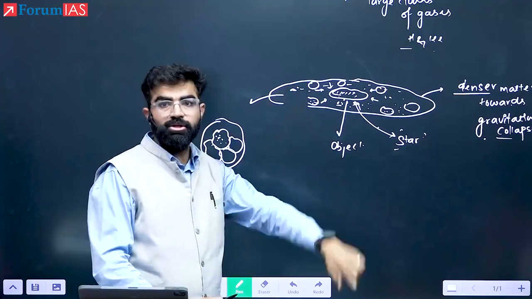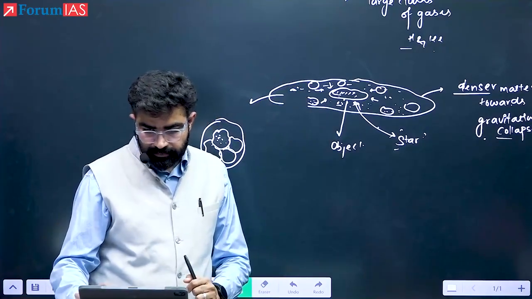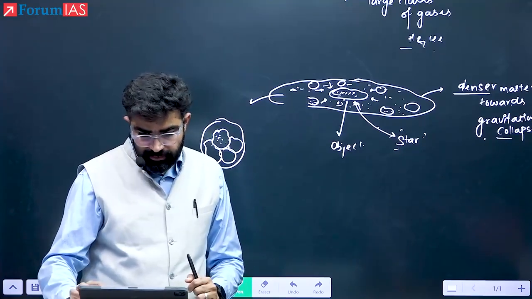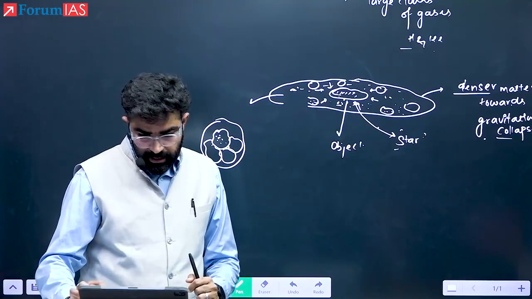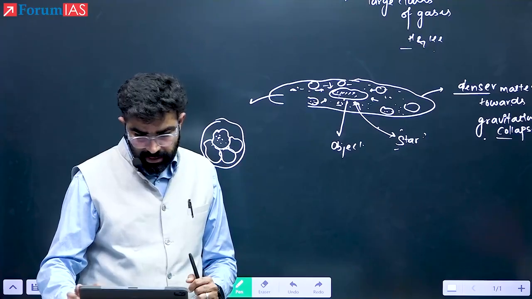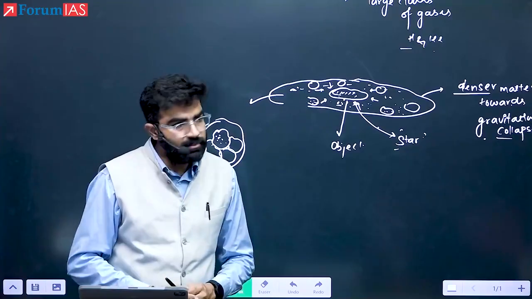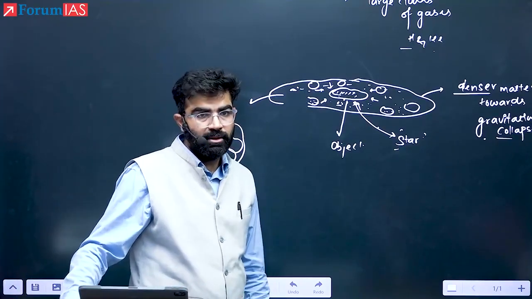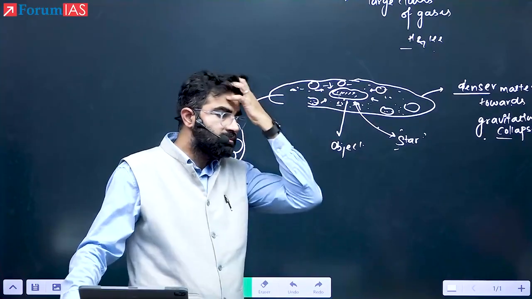First, write down the formation of planets. Write down: planets formed after the Big Bang event, through the nebulas, in the nebulas.